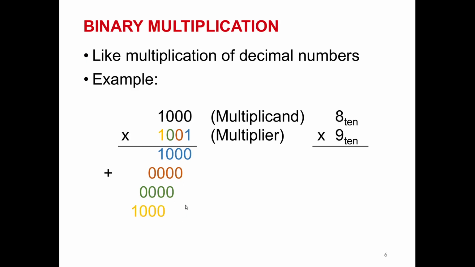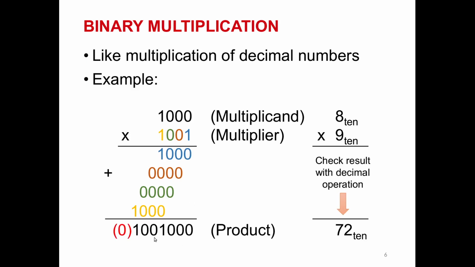If we add them together by column, we will have the result written here. It will be 1001000, and it means 72 in decimal.